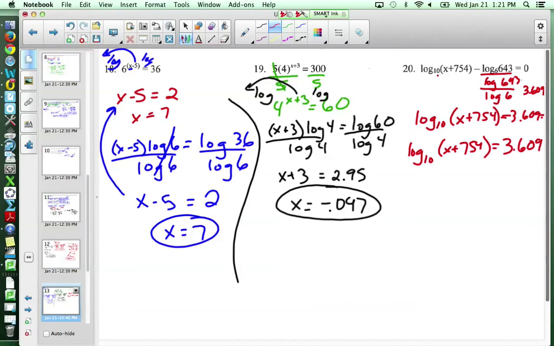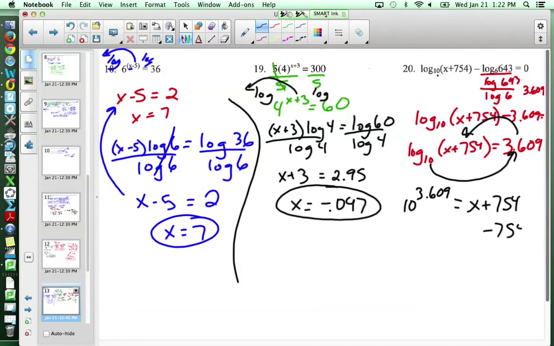Now it's just like problem number 15, where we want to rewrite this in exponential form. So we want to take 10 to the 3.609 power equals the x plus 754. So it's just rewriting it in that exponential form.